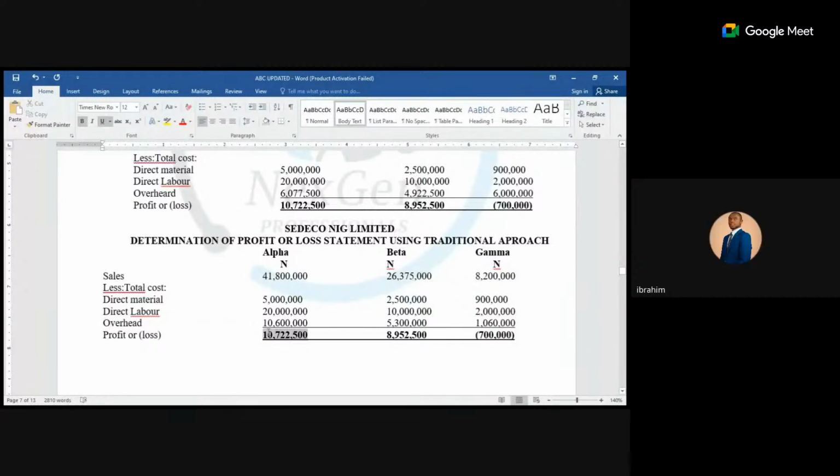Alpha, what do we have? 6.2 million. Next. 8,575 million. 8,575. Fine.